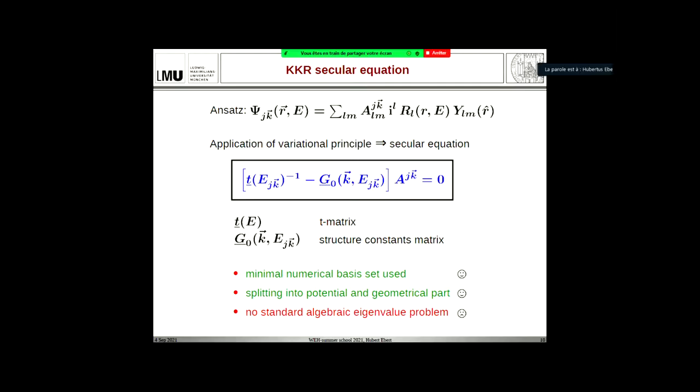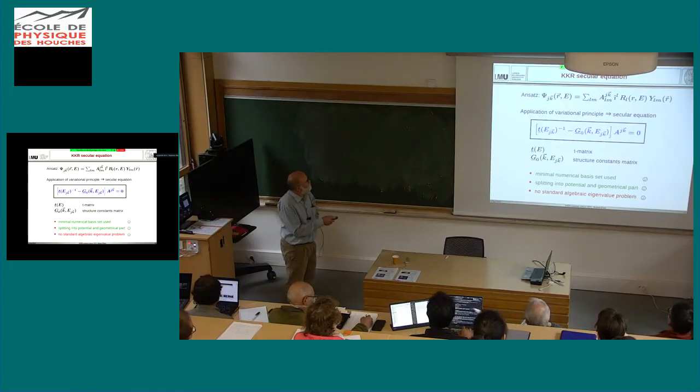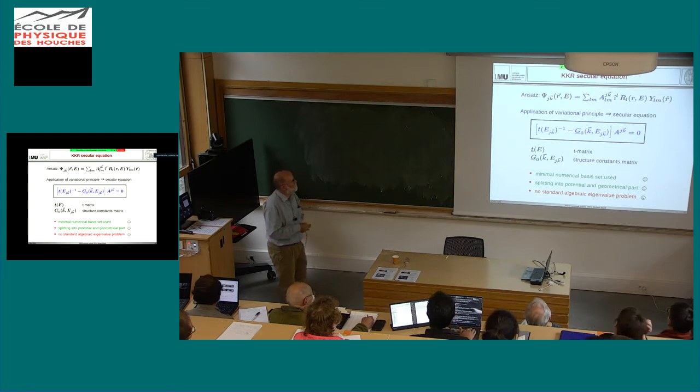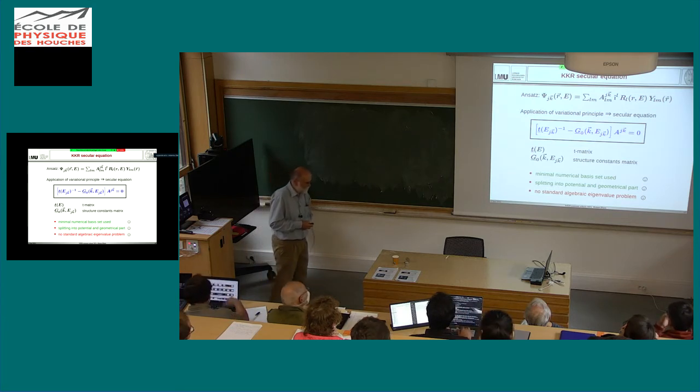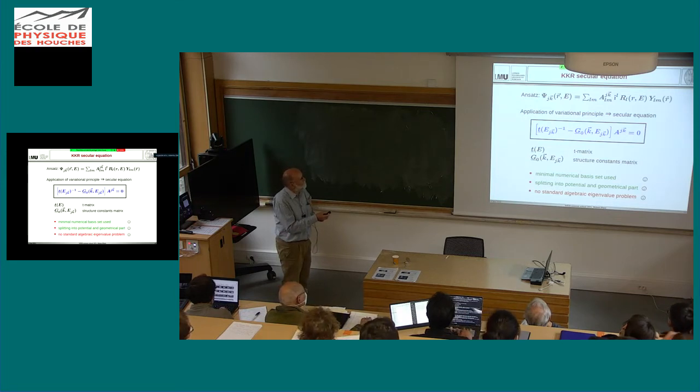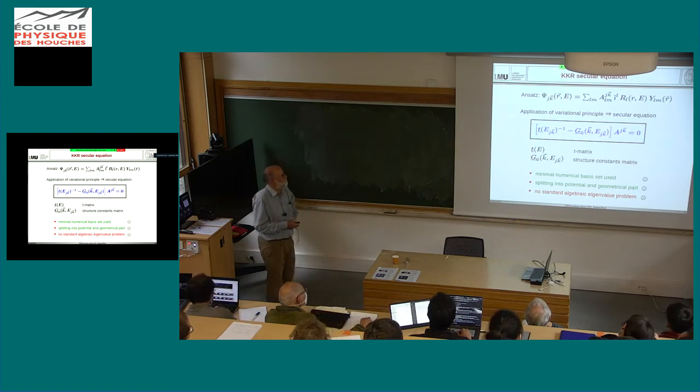So now, just to summarize what are the features of that method. If we work out the KKR method as it was suggested by Schwinger, Kohn, and Rostocker, we make essentially the same ansatz as you have seen before, and we are also led by making use of a variational principle to a secular equation.